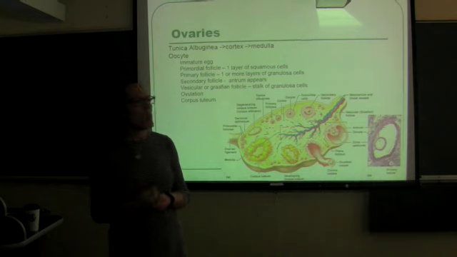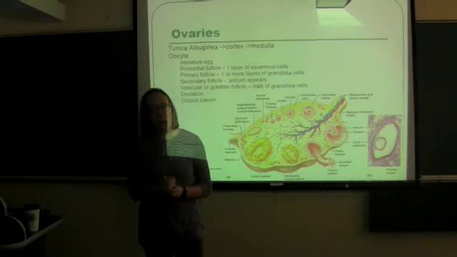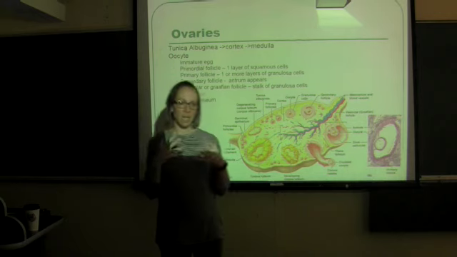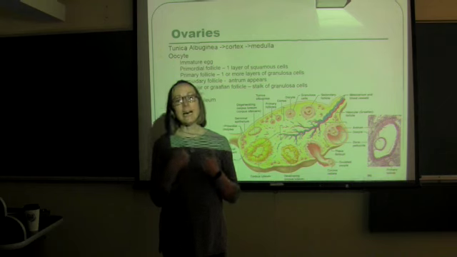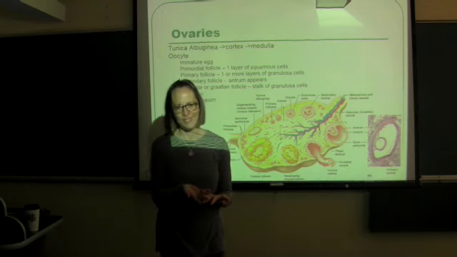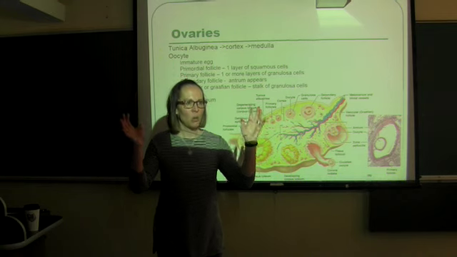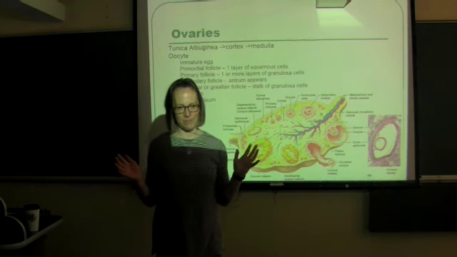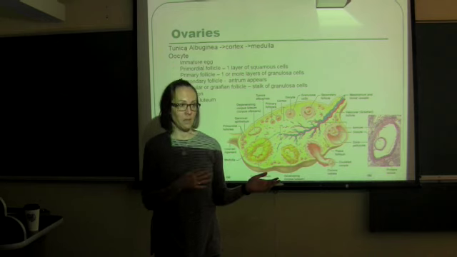When you look at the slides in lab, you'll probably see many of these late ones. That's because I think they pump them full of hormones. We are not going to pop 5 to 10 eggs out at a time. We might do a couple. That's where you get twins or triplets or whatnot.